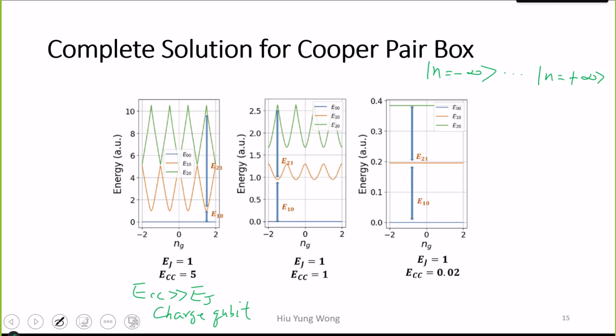And I'm sorry, this is not really, this is actually state 0. So let me say again, this is the ground state, and then this one is the excited state, but this is the excited state minus the ground state energy. And this is the second excited state.